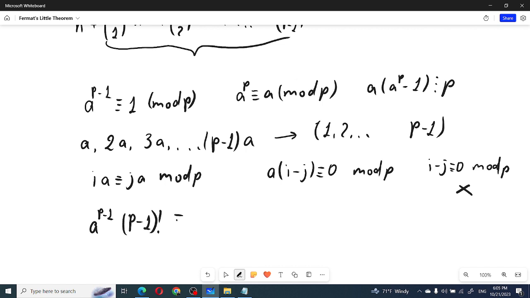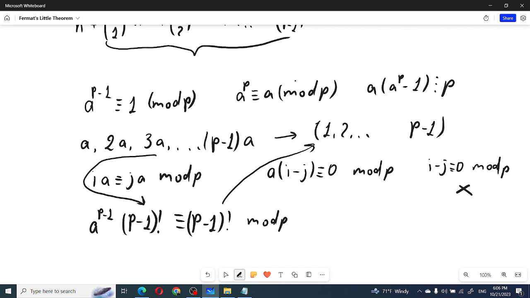And this must be equal to p minus 1 factorial mod p, because this is the right hand side and this is the left hand side. We know that p minus 1 factorial is not divisible by p, so we can cancel this number and we will get that a to the p minus 1 equals 1 mod p. And this was what we wanted to show.